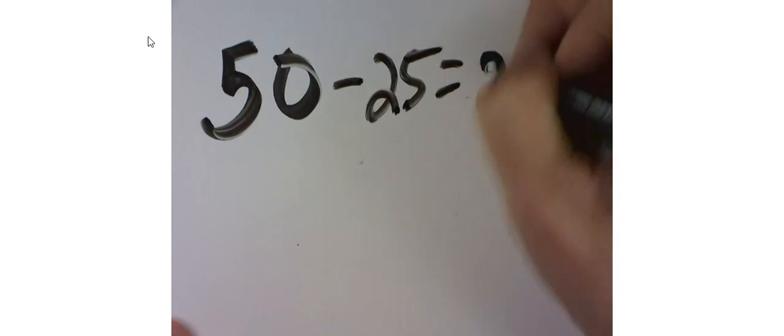So we have 50 minus 25. That gives us 25 to work with. I said that I had 5 spaces, so I'm going to divide it by 5. It gets me 5. So each space is worth 5.